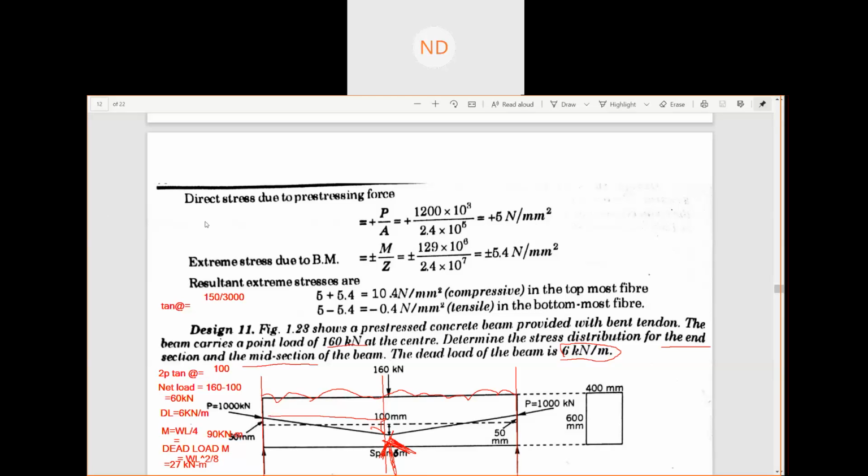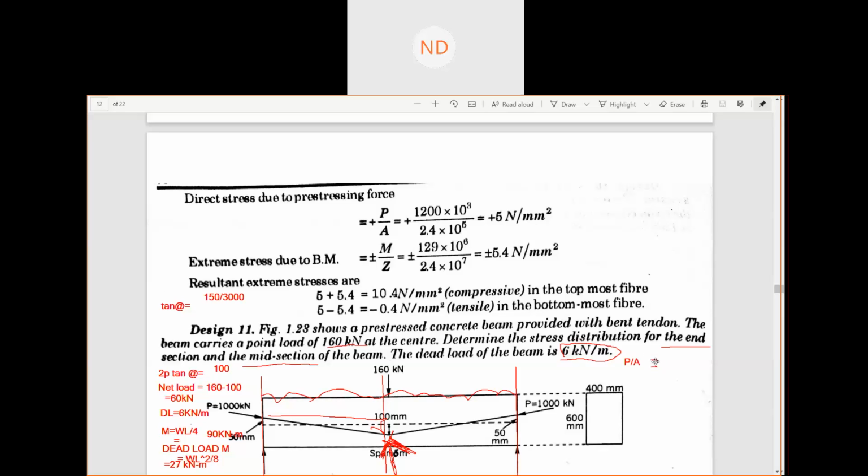P by A. Next is the stress due to eccentricity. Moment is 0 here, so that will come to be 0.